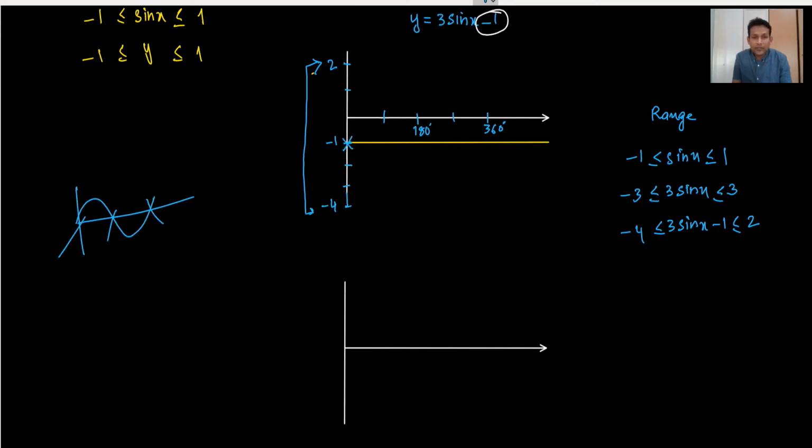The first point is here, then 2 and 3 here. From here, I have to move up maximum 2, and I have to move down maximum -4. And this is the sketch. Please do not think about the x-axis. The x-axis is only used to write the angles. That's it.